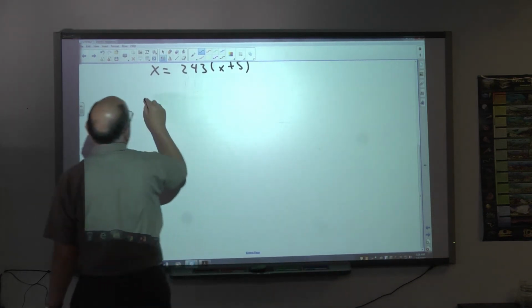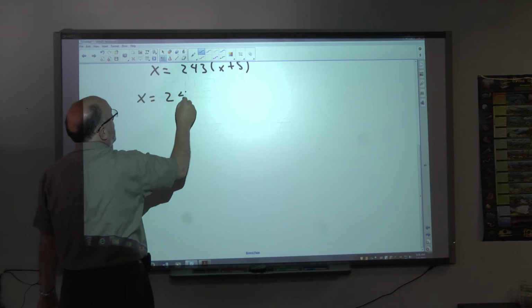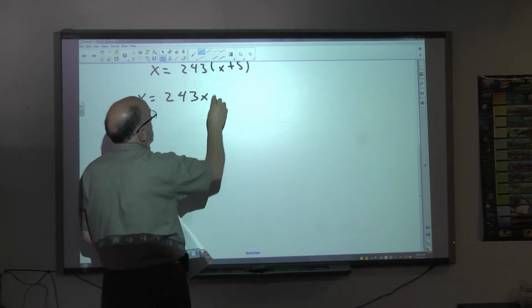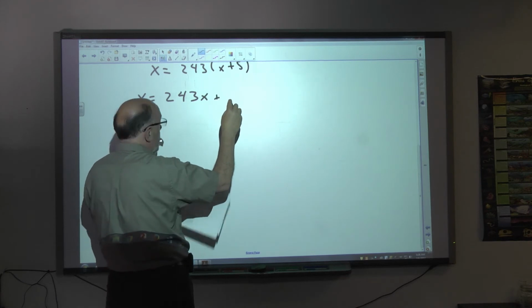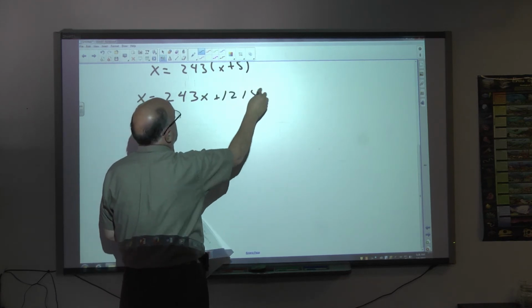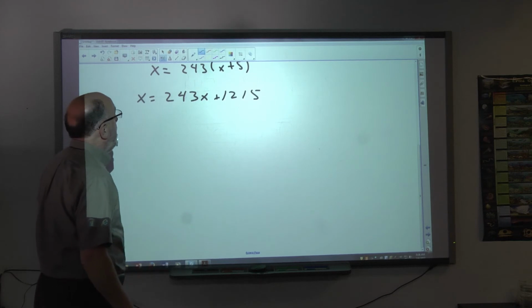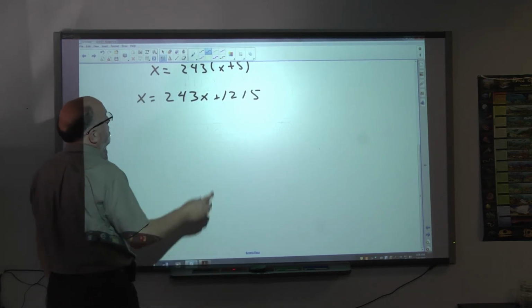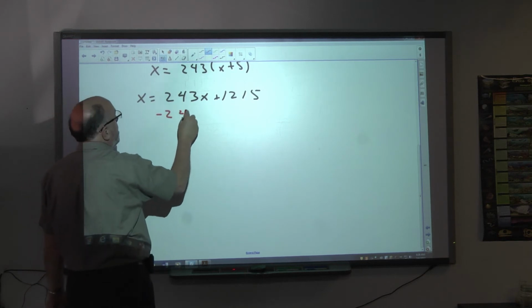And so we'll get x is going to equal 243x plus 1, 2, and 5. And we'll get the x's on one side. So we'll bring this over.